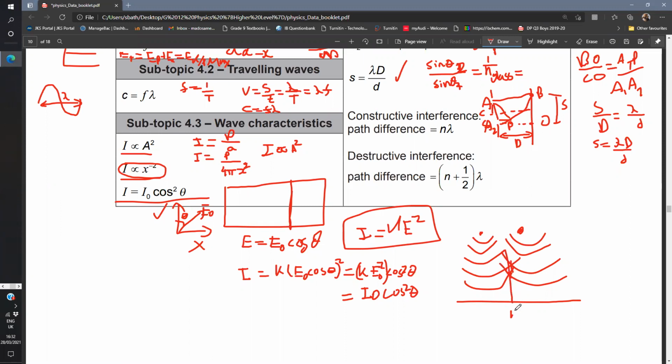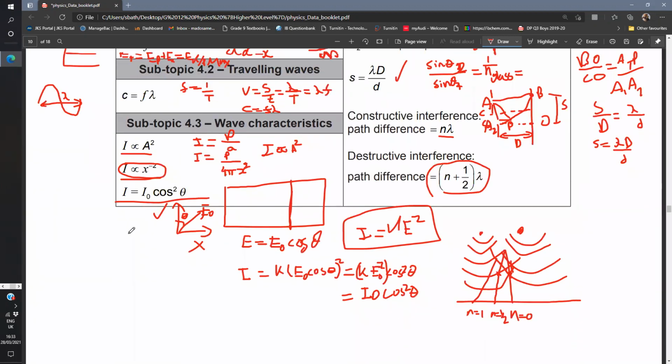In this line, for example, n is equal to 0. Of course there's another intercept here. If you draw a line like that, it's n equal to 1. And then there is the midpoint of the intercept between each intersection, and this also creates a line. So this is n is equal to a half, and so on. So basically, for constructive interference, the path difference is this, and for destructive interference it is this. That's the basic concept.